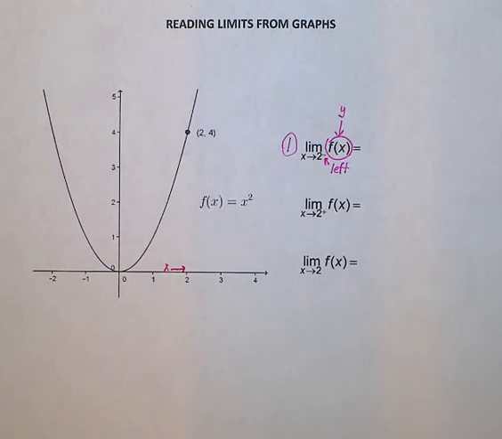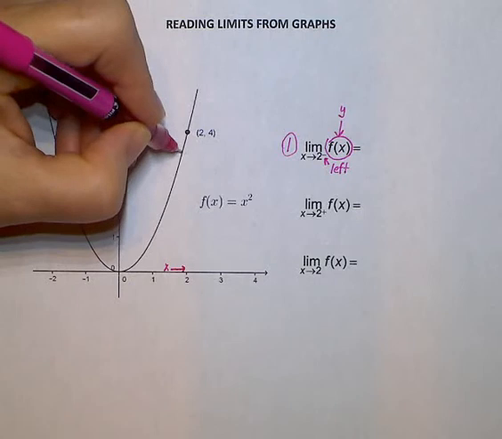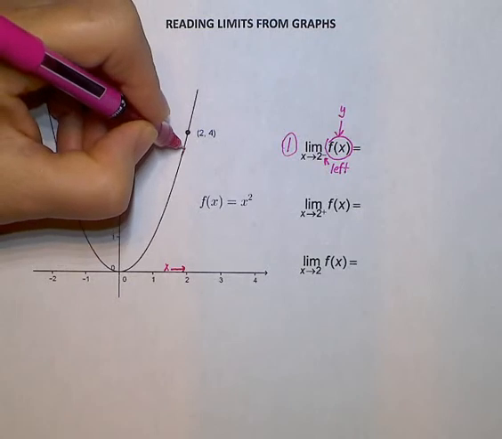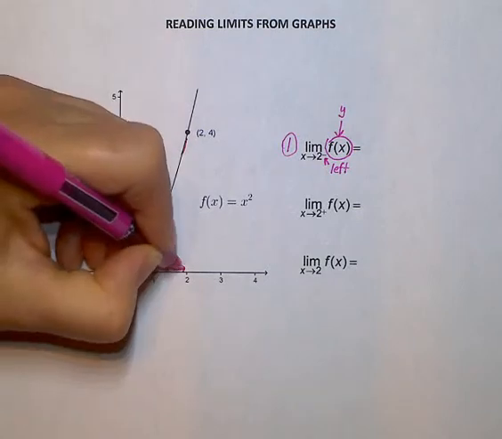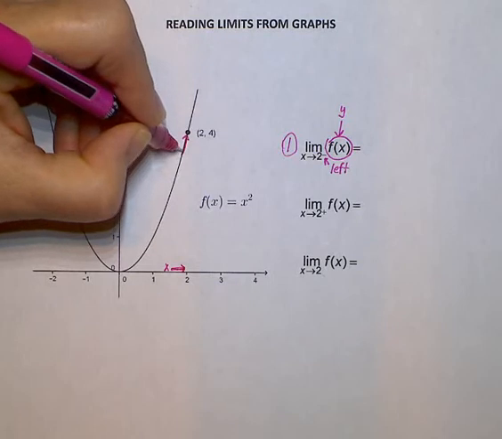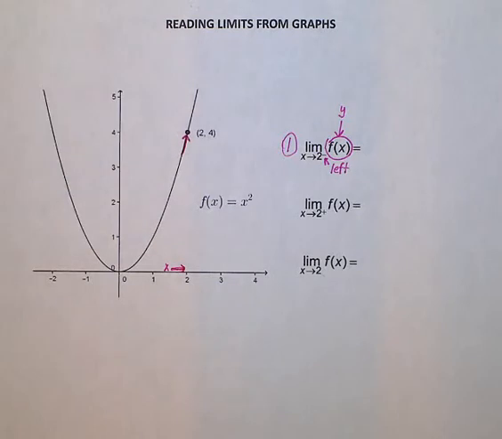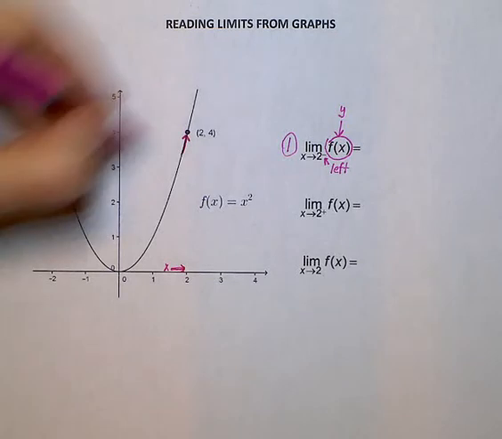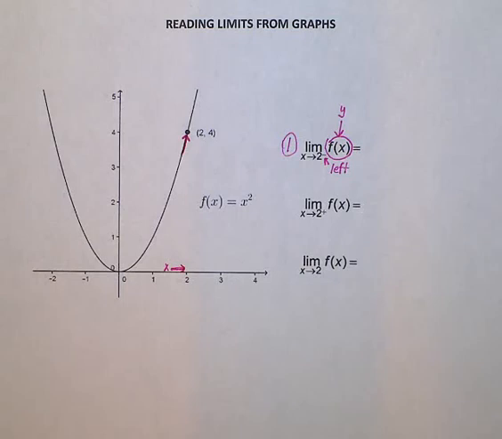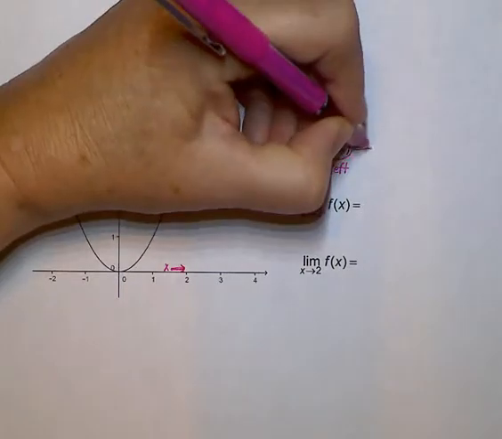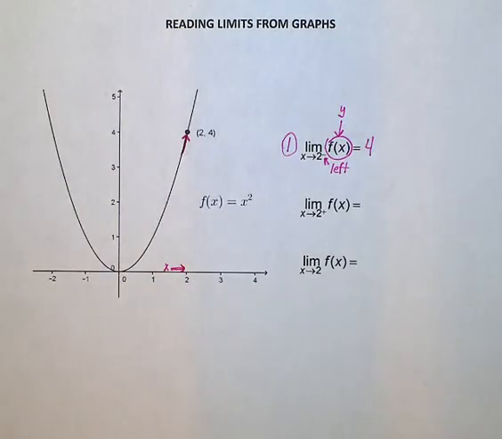So as I come along this graph with x's getting close to 2, I'm traveling along the graph like this. The question is, what are the y's approaching? What are the y's getting close to? Well, we see we're getting really close to this point, 2, 4, and so we say the limit as x approaches 2 from the left of f of x is 4.